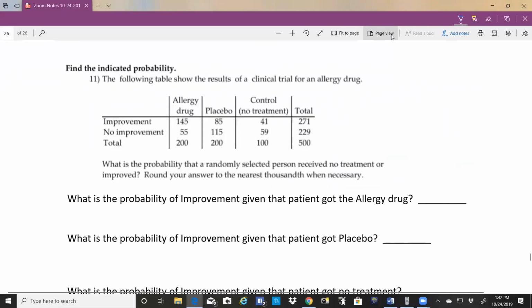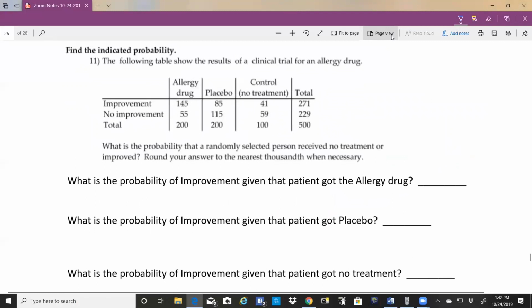Now, sometimes you are given data and you're asked to look at probability.